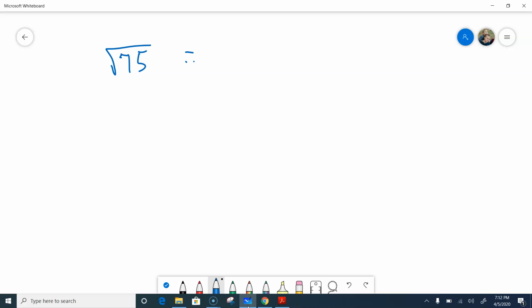So I'm going to break this down like when you factored numbers back in elementary and middle school. I'm going to break this down into the square root of 25, that perfect square. I always want to extract that. And square root of 25 times the square root of 3.